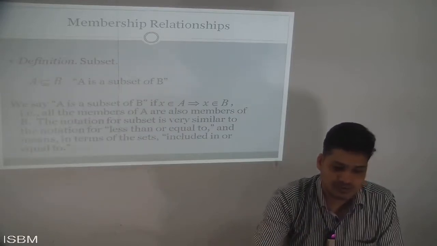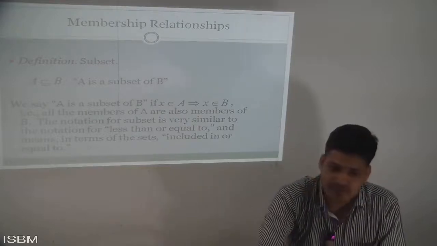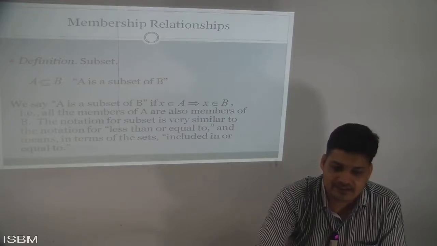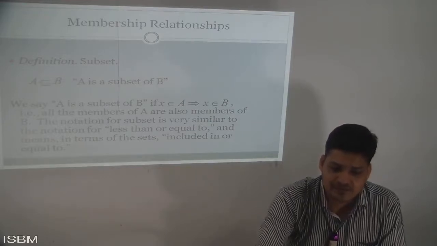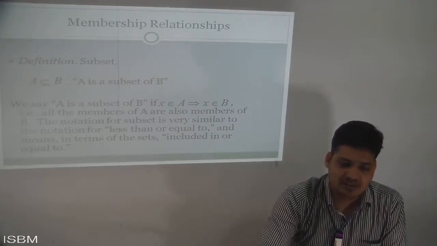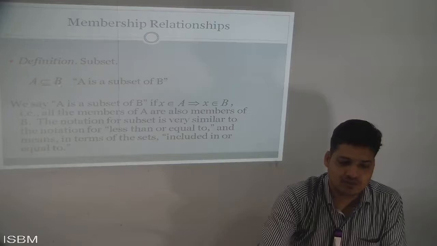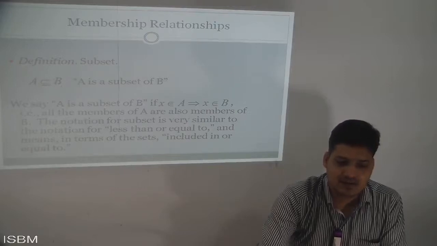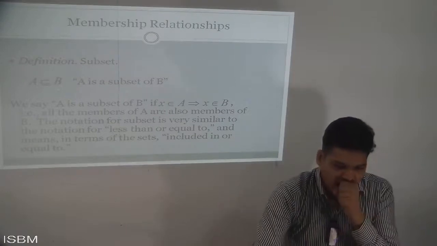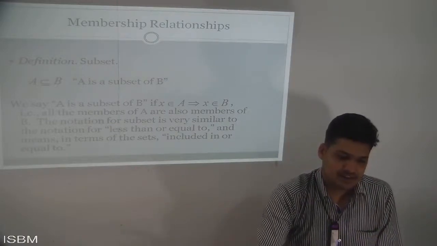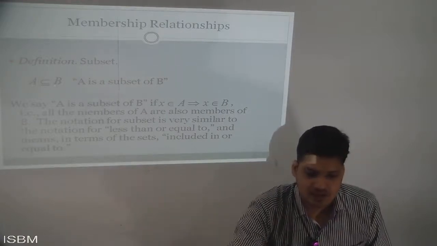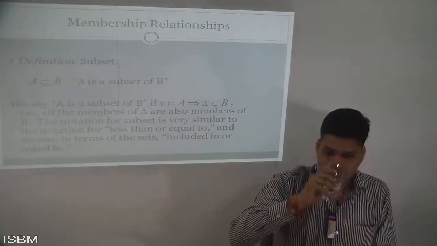In set theory terms we write it like this, A is a subset of B. Whenever you find this symbol anywhere, keep in mind how to denote it verbally and in text. The set written on the left side is the subset, and the one on the right side is the set. So A is a subset of B.